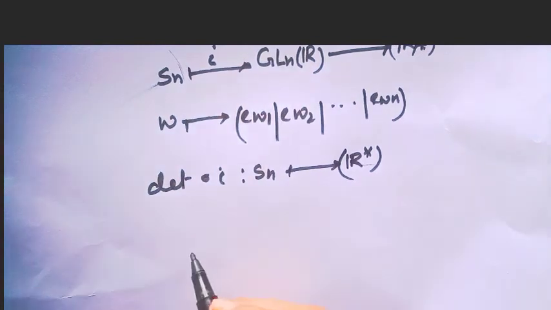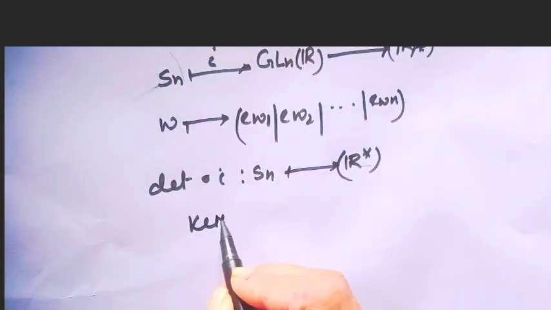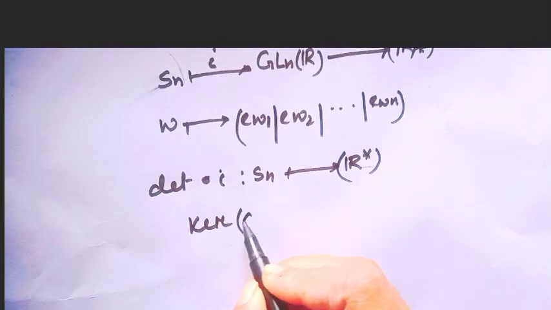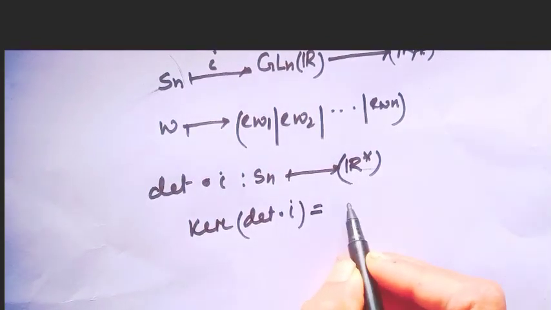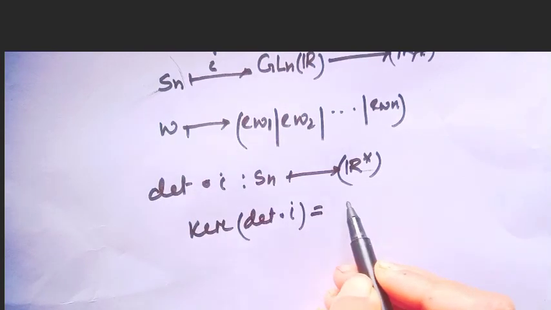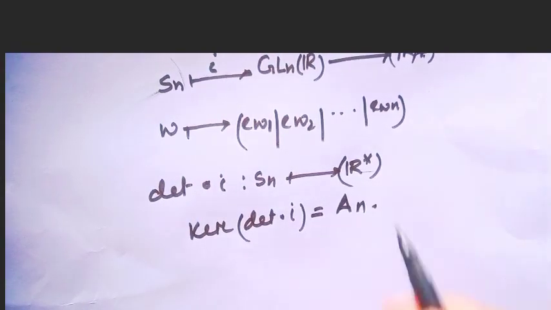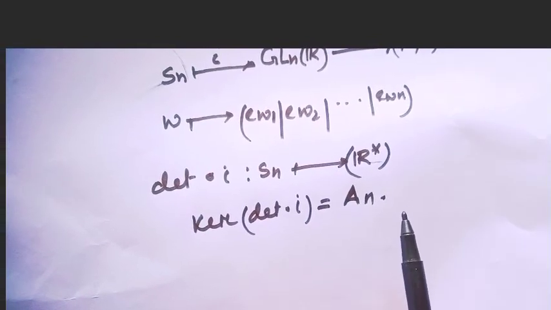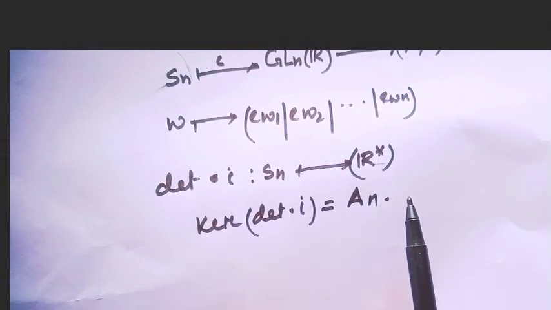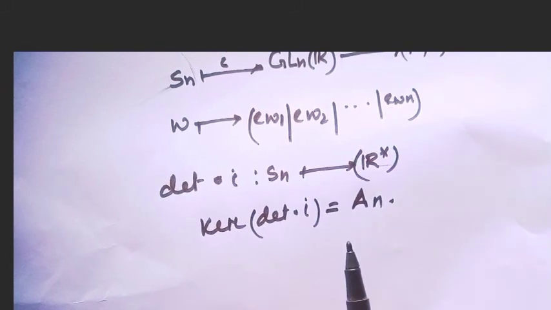And what would be the kernel? The kernel of determinant composed with i equals, what is the kernel? An. We all know it because I proved a few minutes ago why An is a normal subgroup of Sn.